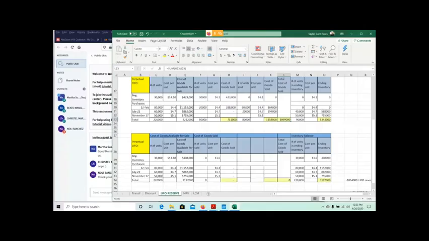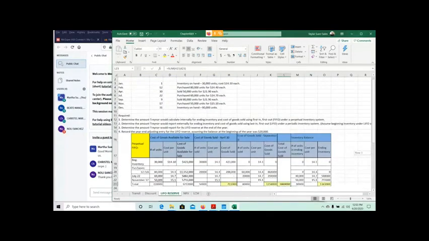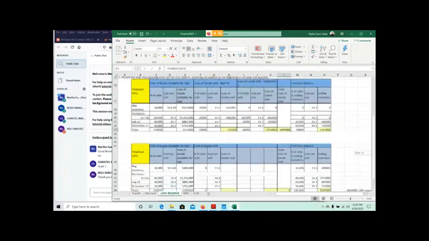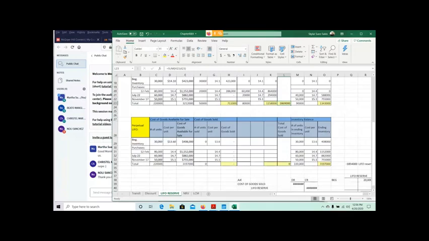All we need to know is how many units were sold. So 50,000 plus 80,000 units is 130,000. Last in, first out, so it's going to come from the latest purchases first. So 60,000, that will be 110,000, and then another 20,000 here.